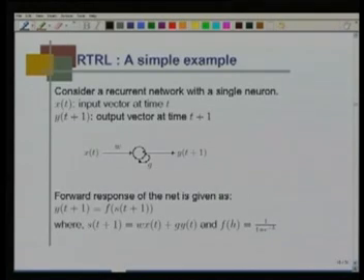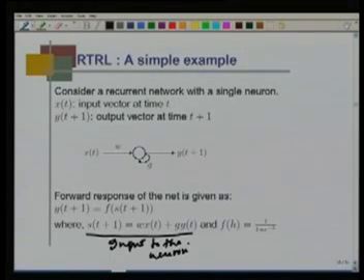The input to this neuron is w xt plus g yt, where yt is the previous output. So, this network has an internal memory, one state memory.